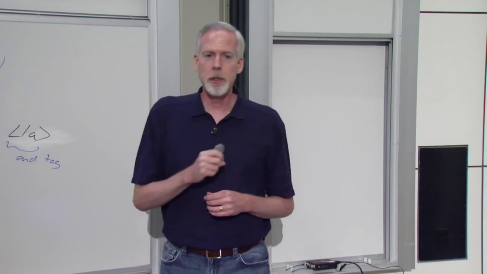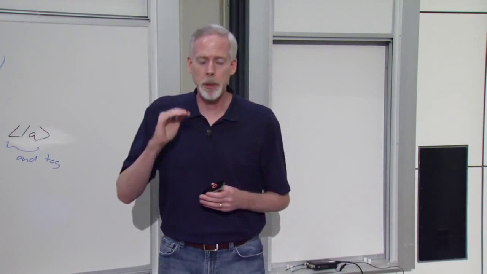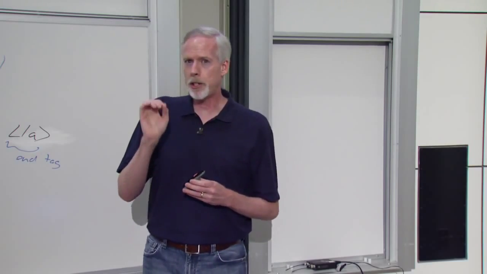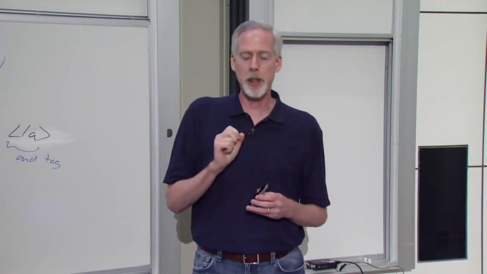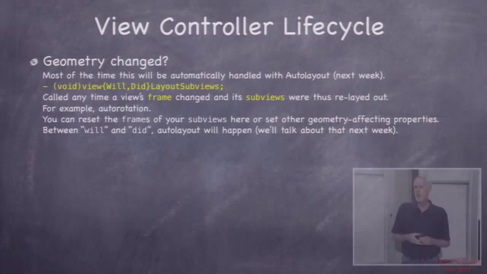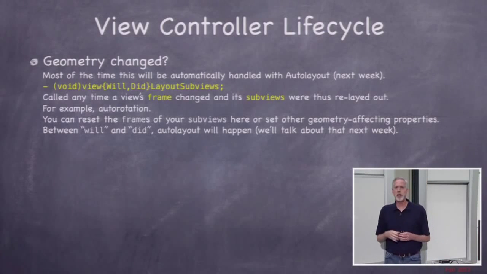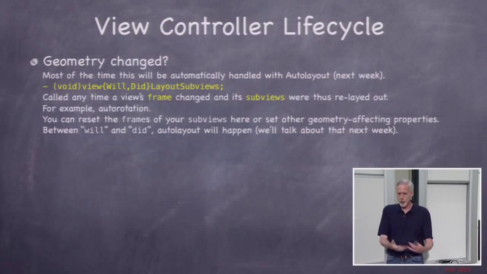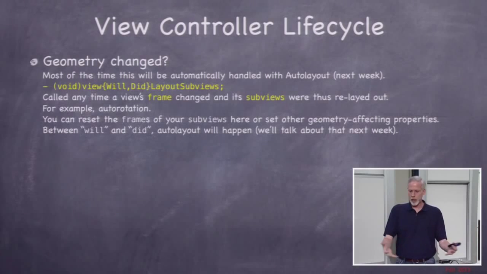Now let's talk about geometry. I put this off to this slide. Your geometry in iOS 7, they introduced these really cool two methods: viewWillLayoutSubviews and viewDidLayoutSubviews. This is where to put geometry-related code. So viewWillLayoutSubviews is called just before iOS 7 tries to lay out your subviews, tries to lay out your view.